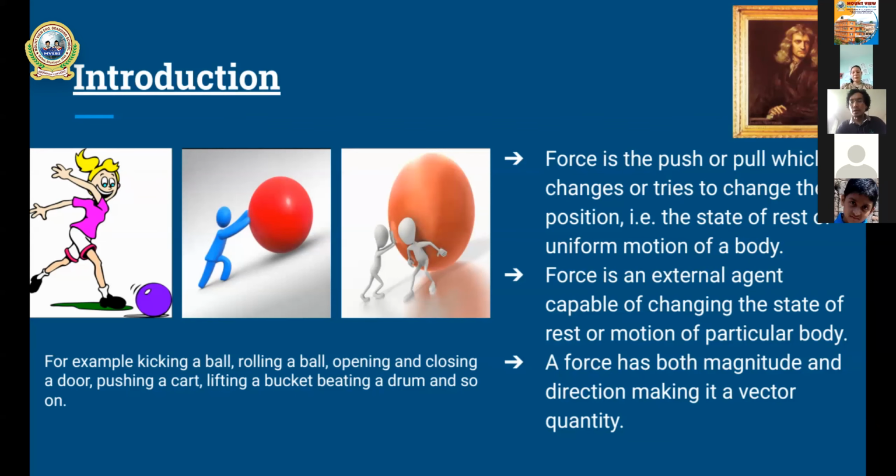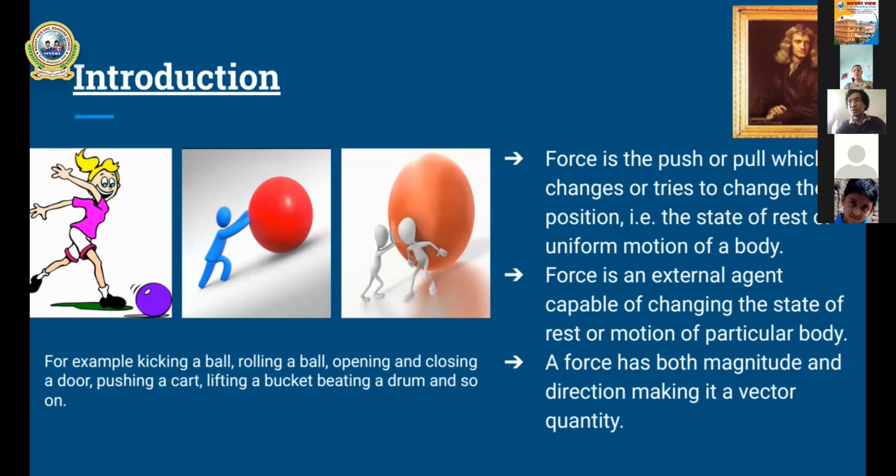So either a body can be at rest or a body can be in motion, isn't it? These are the two positions. If a body has to change from rest to motion or motion to rest, the body must be applied with some force, some external agent, by pushing or pulling.